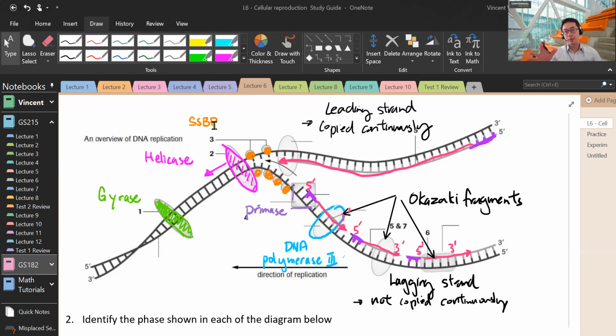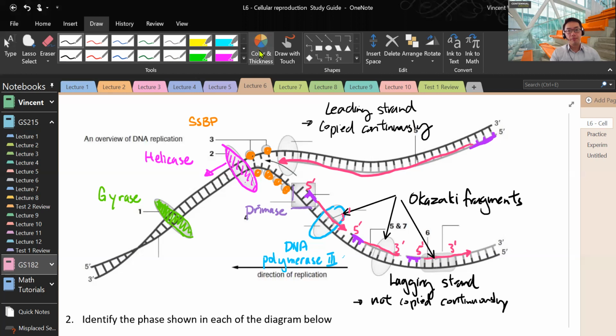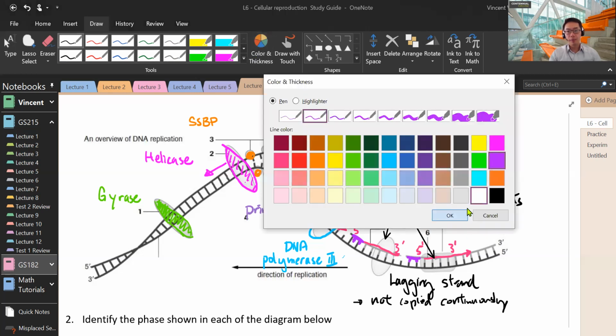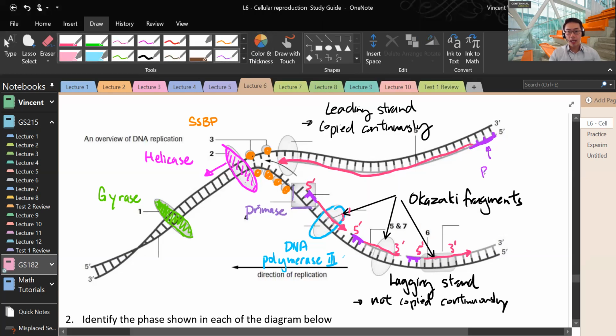All right, now here's the next part. Again, it's talked about in the lecture, but I'll repeat it. The purple stuff here, that's an RNA primer. It's made up of RNA, so for example, it could be AUCG or whatever. There's uracil in it. So there is an RNA primer here, and an RNA primer here.